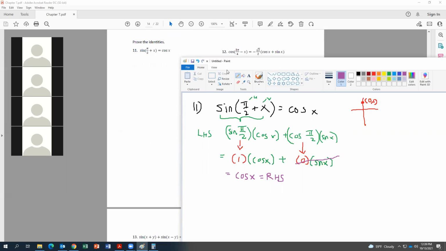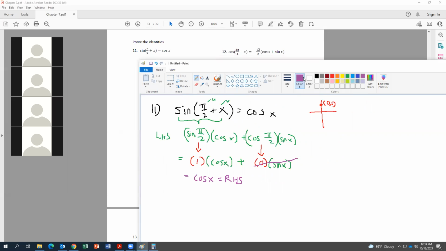Because you're gonna prove the next one, number 12. So write down question 12. Because again, I put you guys in group. You have to prove cosine 5 pi over 4 minus x is equal to negative root 2 over 2 times cosine x plus sine x.